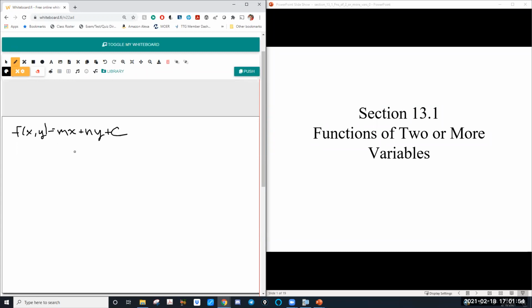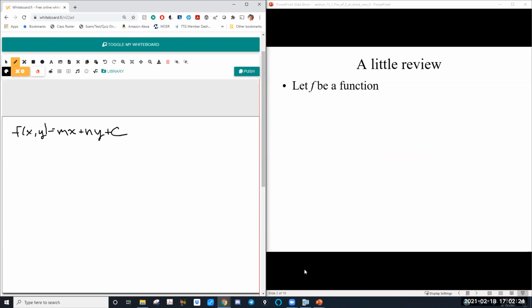Those are our linear functions. Now we're going to start to expand that. And what I want to do today is show you some plots, just a few, and some concepts that go along with 3D plots that I think will be pretty intuitive for you, so that you can go forward and start to identify 3D plots and some of their characteristics. So let's go ahead and dive in.